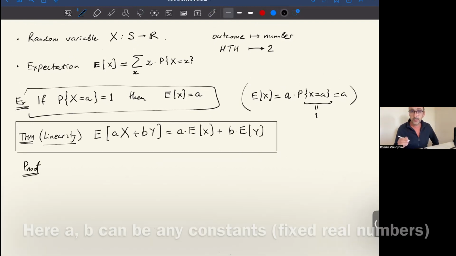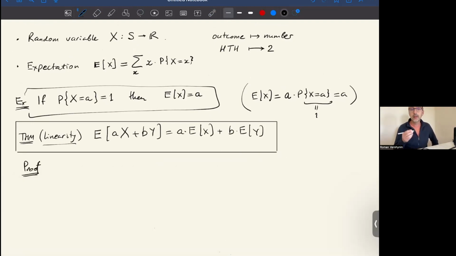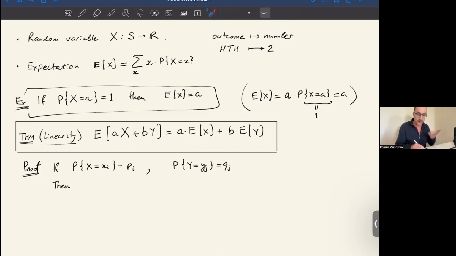Let's give an informal proof of this theorem for discrete random variables. So suppose X can take on values x1, x2, x3, and so on, with probabilities p1, p2, p3, and so on. And suppose that Y can also take some values y1, y2, y3, and so on, with probabilities q1, q2, q3, and so on. Then aX plus bY can only take values a xi plus b yj.